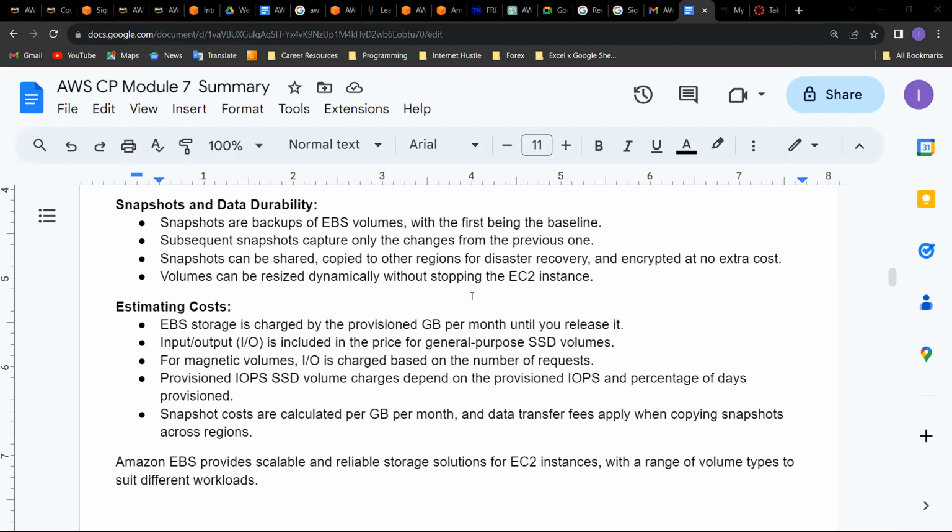And for IOPS, IOPS is what? Let me look it up. Input output operations per second.